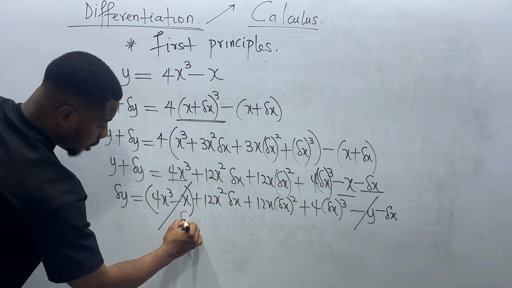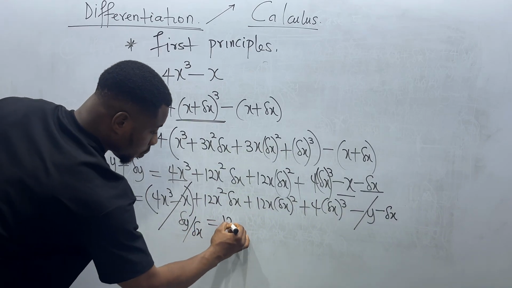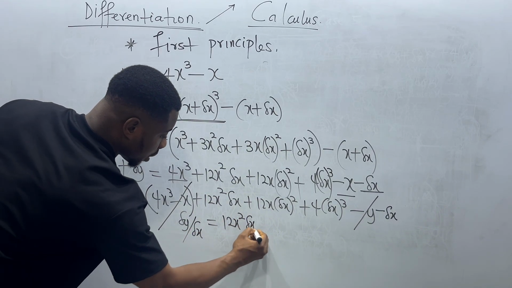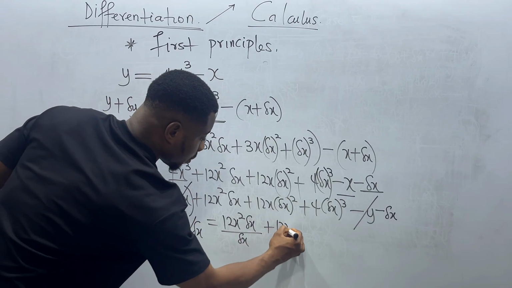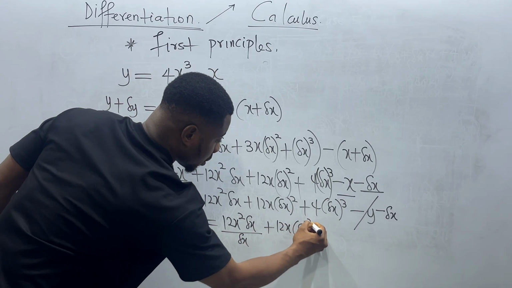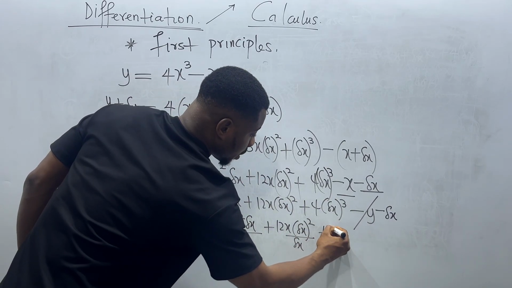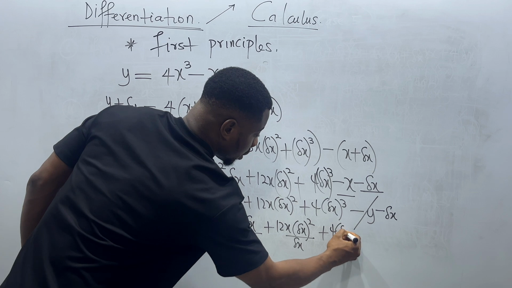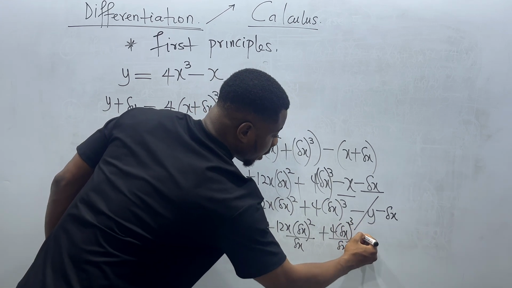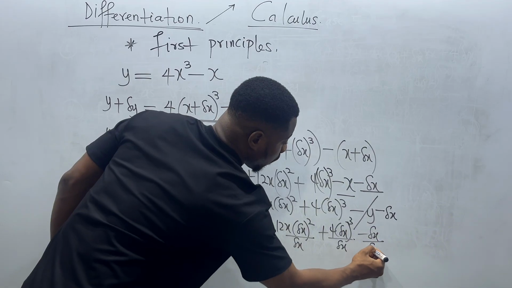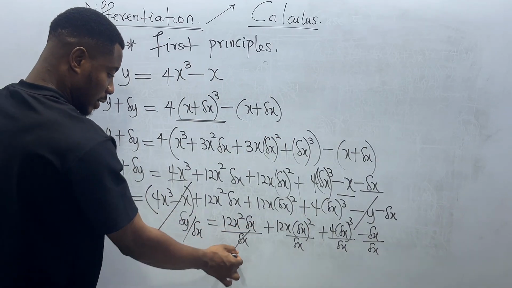This becomes change in y over change in x is equal to 12x squared change in x over change in x plus 12x change in x squared over change in x plus 4 change in x cubed over change in x, then minus change in x over change in x. Okay, so at that point in time, this cancels out this.